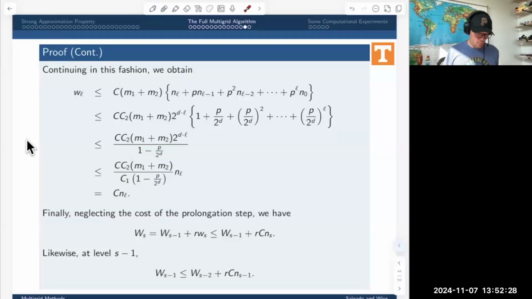All right, and then one other substitution. Now I'm going to come back and replace this with something which is a function of N_L, and I'm going to use the fact that 2 to the d times L is less than C1 times N_L, so I'm going to divide both sides by C1.